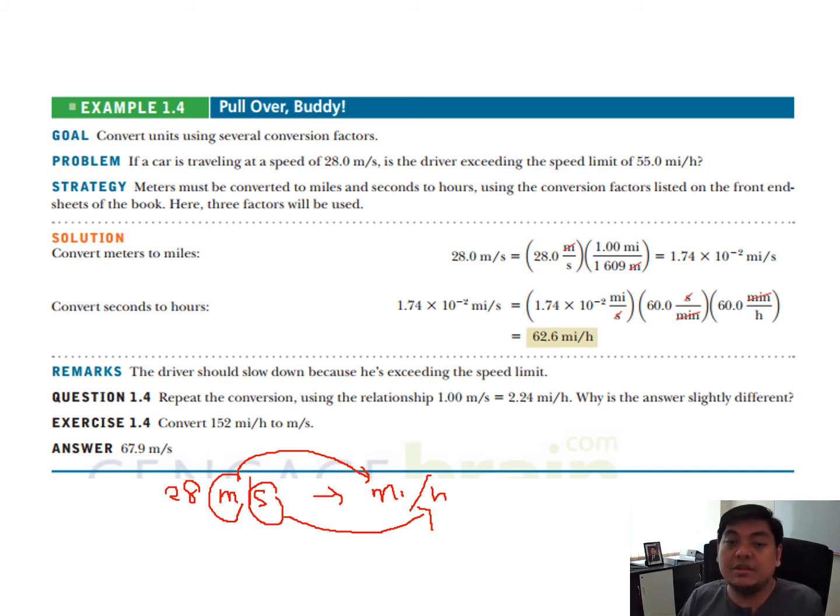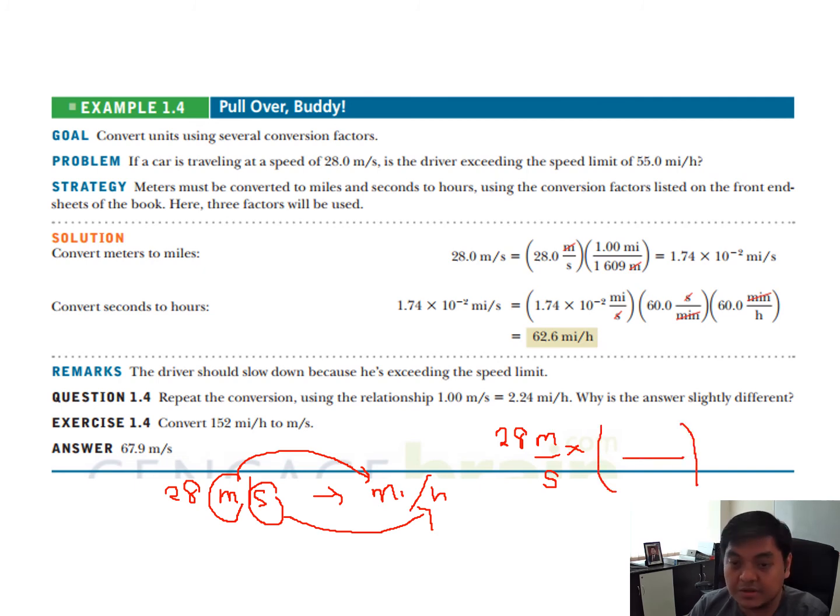And of course, if you want to convert 28 meters per second, start with 28 meters over seconds, times, put a bracket over here and do the conversions. If you want to cancel m and replace it with miles, we should put miles at the numerator, because we have to put the meters at the denominator.